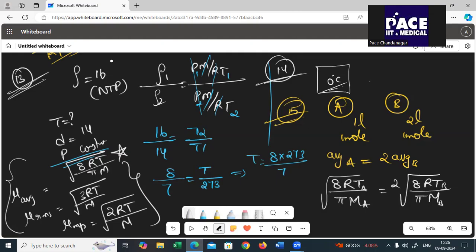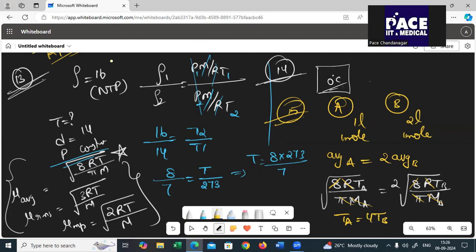And it says that each of them contains 1 mole of the gas, so it would be the same gas. Therefore molar mass is gone, pi is gone, R is gone, 8 is gone. Squaring on both sides, TA is equal to 4 times TB. That is what we have got.